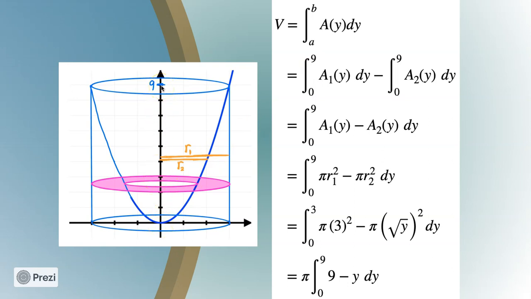How do I find this 9? Well, remember that we are on the graph of y equals x squared. So if x equals 3, x squared equals 9. So y equals 9. And then we can just set up one integral, A1 of y minus A2 of y, and we substitute R1, we substitute R2, and we get an integral that we can solve.